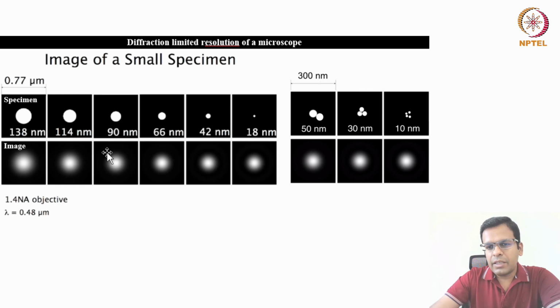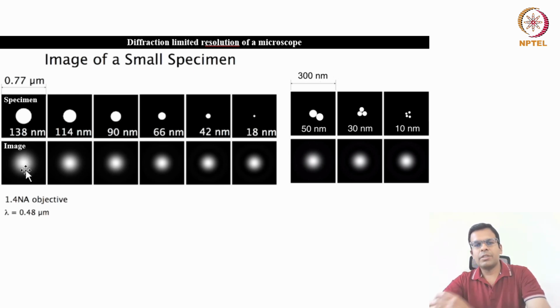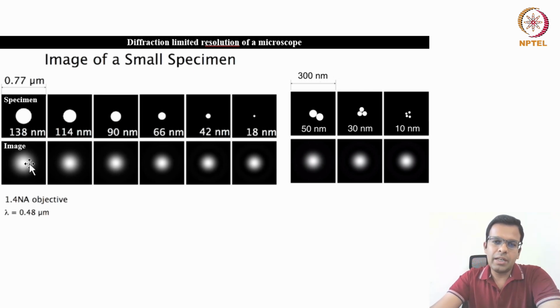Can you see any linearity between the size and the image? No. The 18 nanometer object can produce an image like this, whereas the 138 nanometer object can also produce an image like this, because the diffraction limited resolution of the microscope is 212 nanometer. Any object smaller than 212 nanometer will give the image like this.